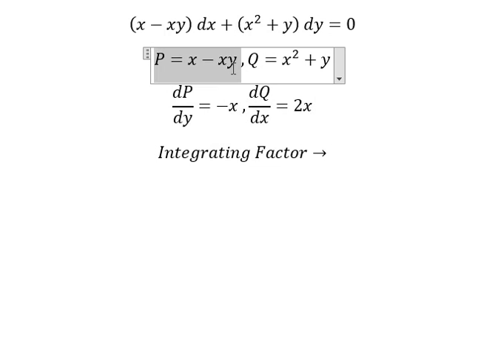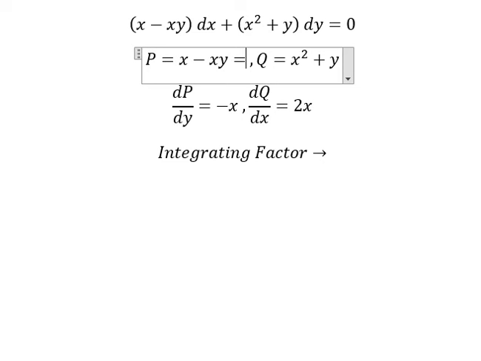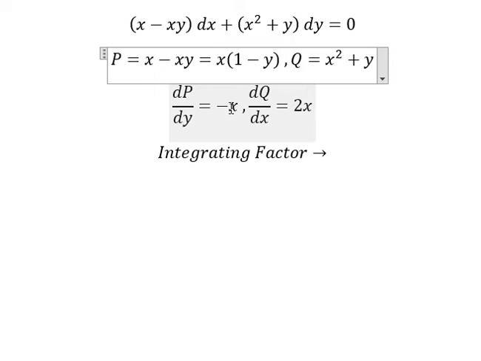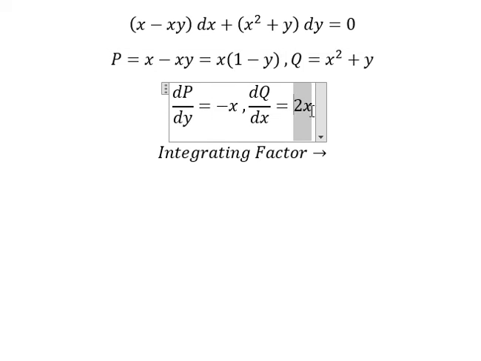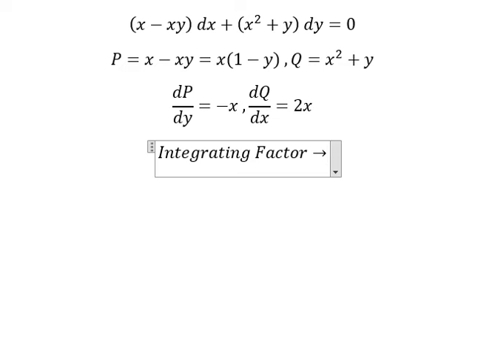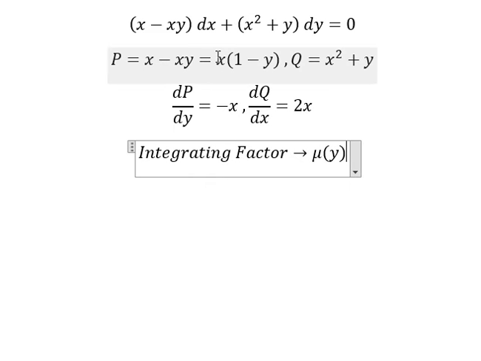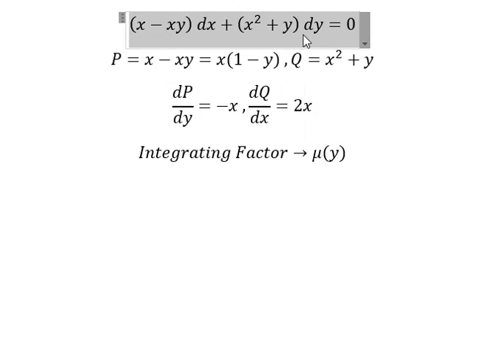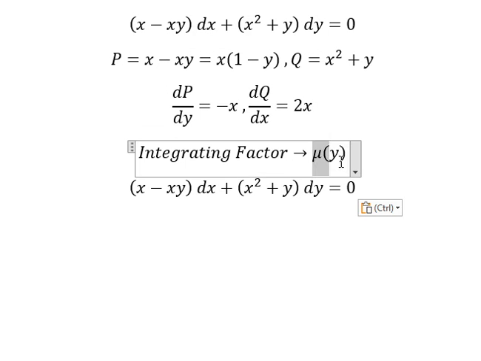If we look carefully about this one, we have x minus sy because this one we can do about factorization in here. And in this one we have x, 2x. That means I will choose about mu y. So we can simplify by s in here. So we multiply both sides by mu y.